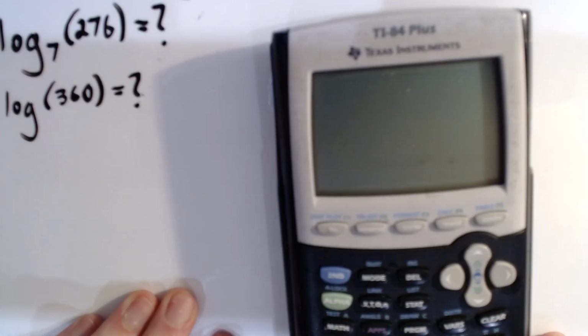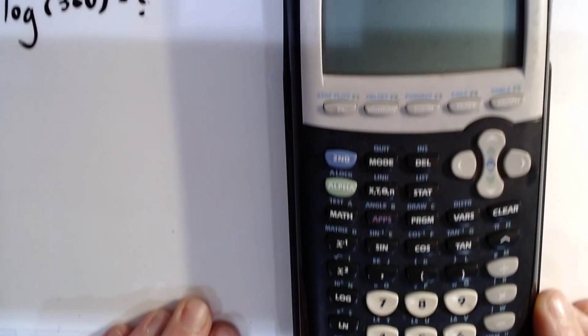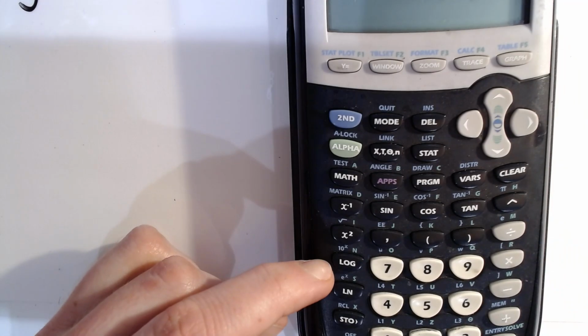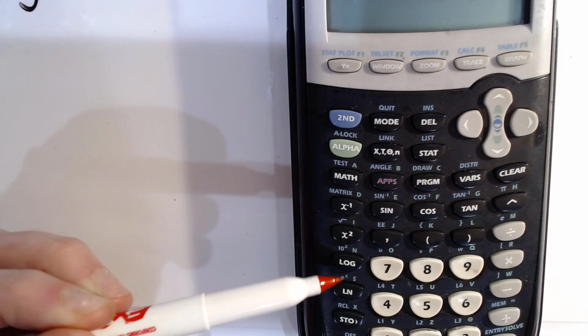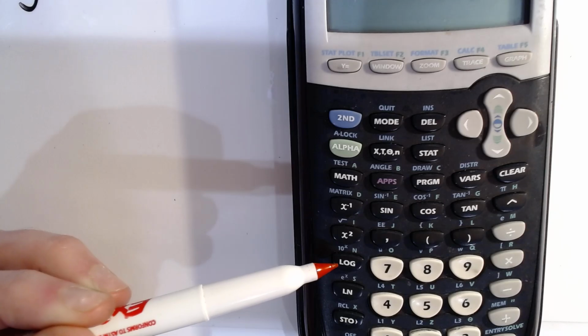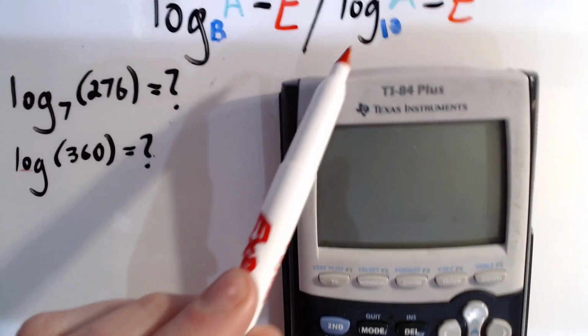I'll be using a Texas Instruments TI-84. These are pretty common. Hopefully things will translate over. On this calculator, there are straight log functions, as we were discussing here. That is to say, when you use this button here, that does the exact same thing we were talking about, where it assumes a base of 10.